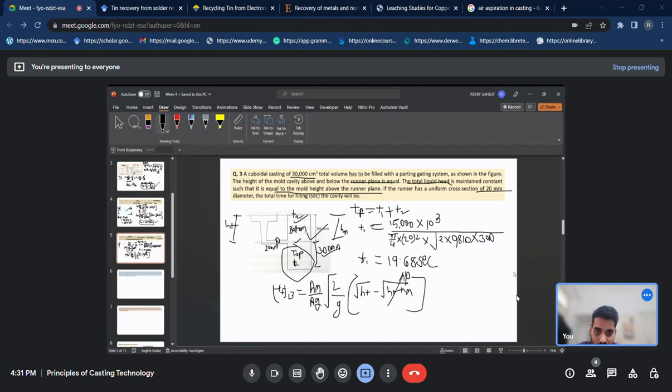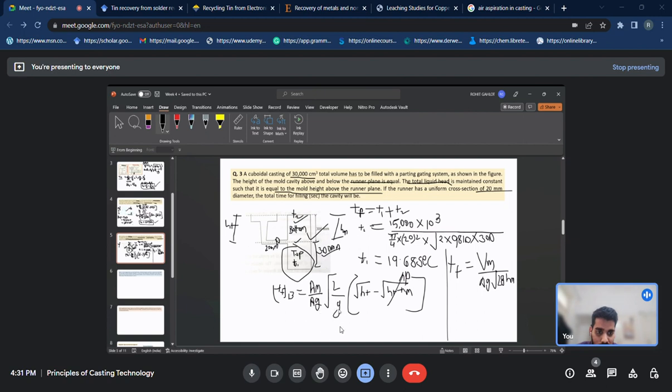Now if you see this top gating system, the formula is volume of the mold divided by the area of the gate times velocity, which we write as root 2g hm. If you multiply root 2g ht by the area of the mold, it will become the volume of the mold.